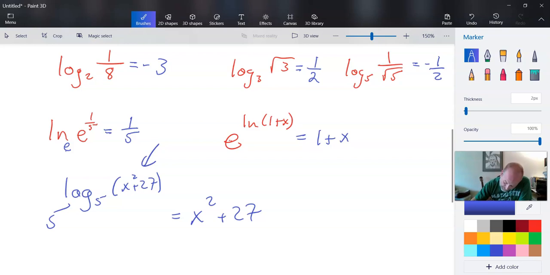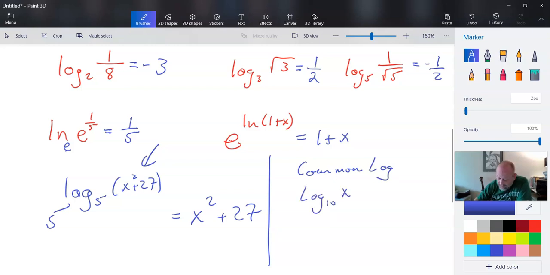Now, I do want to point out one more thing, and there is another log that shows up quite, well, for lack of a better term, it shows up commonly, and this is called the common log. And that's a log base 10. Right? And we don't write the base 10 when we use the common log.